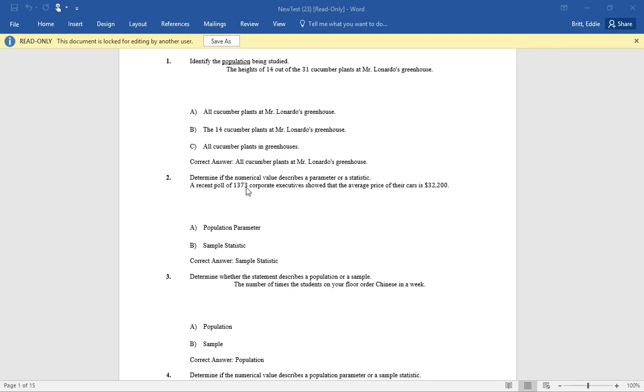So this poll of 1,373 is a sample of all corporate executives. It's not every corporate executive that there is. This is just a sample. So that would mean that this would have to be a statistic. All right, sample statistic.